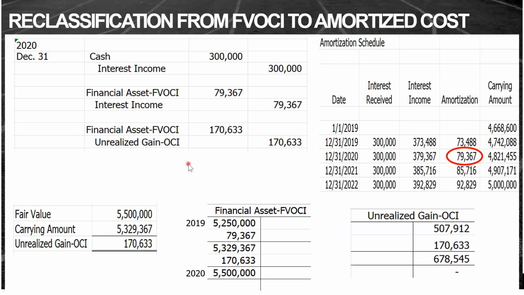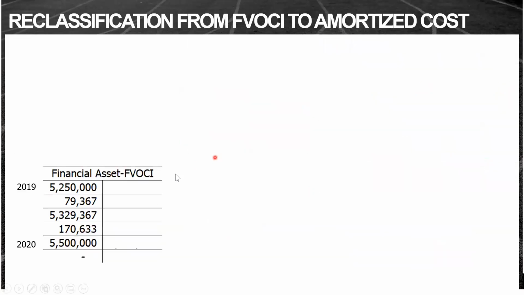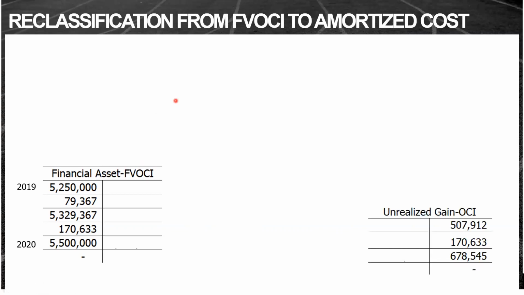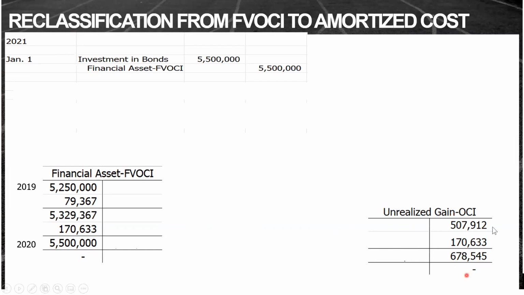So paano yun? Let's have here 2021. So ito yung ating financial asset FVOCI at the end of 2020, December 31, 2020. So dito sa 2021, kasi first reclassification date natin yung January 1. By the way, this is the account for the unrealized gain OCI. So you have a total of 678,545.